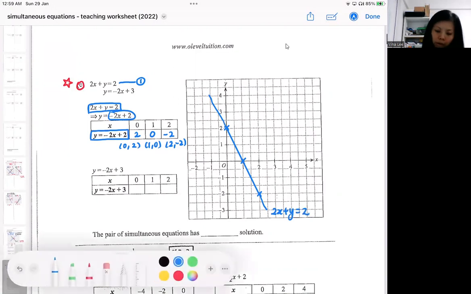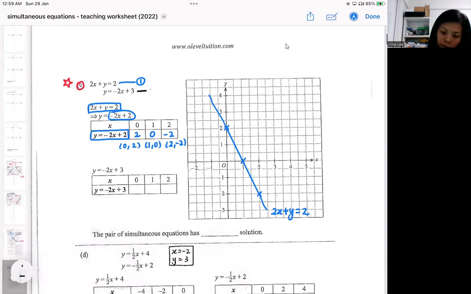Okay, let's go to the second equation. So this is the second equation. So I'm going to plot. Okay, I'm going to fill in the table with that. So after you fill in the table, you will get 0, 3.